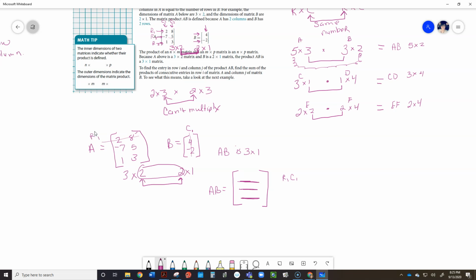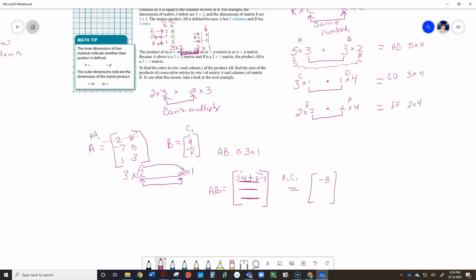So I'm going to multiply 2 times 4, and then add that to 8 times -2. So 2 times 4 plus 8 times -2. 2 times 4 is 8, and then that's -16. Put an 8 together with a -16, and I get a -8. So that's the number in that first spot, row 1, column 1.